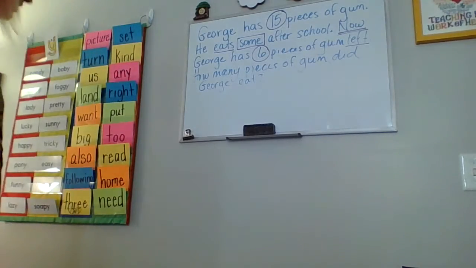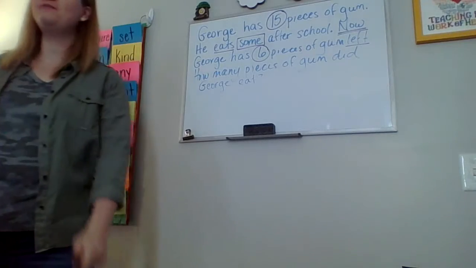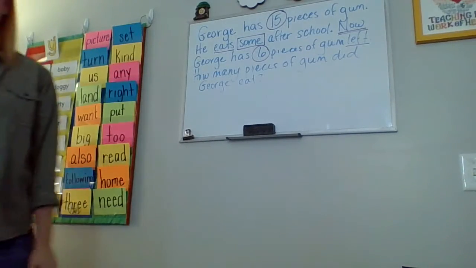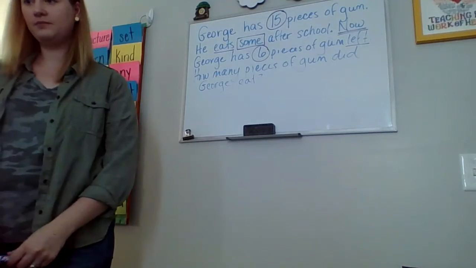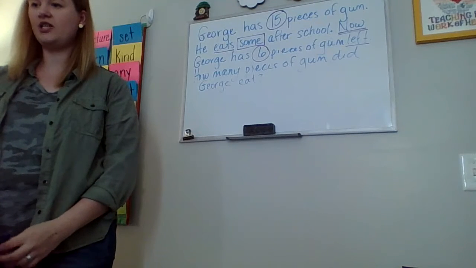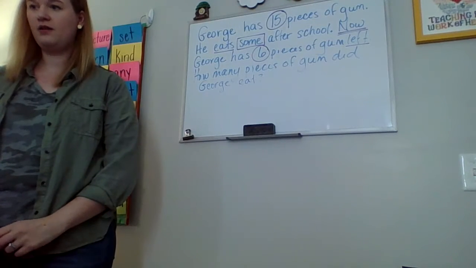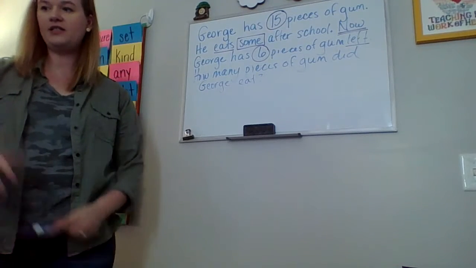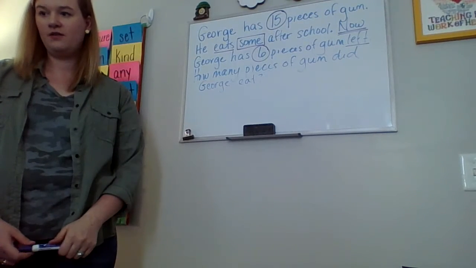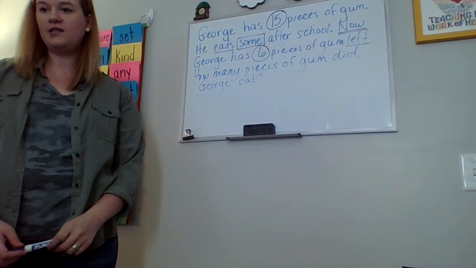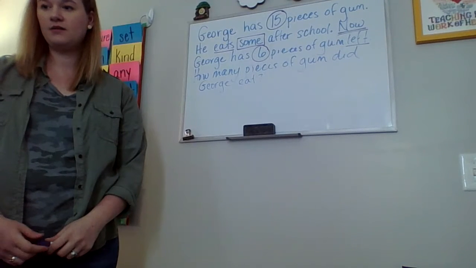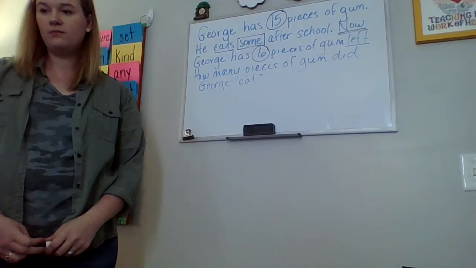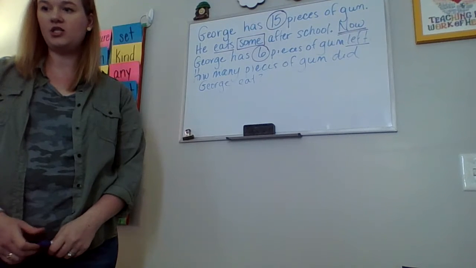How many pieces of gum did George eat? I just want the equation. I don't want a strategy yet. And wait till I tell you, I count it down. Friends need their hands on their heads. Brian, I hope you have this equation down.